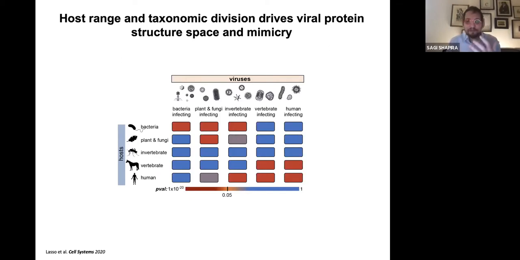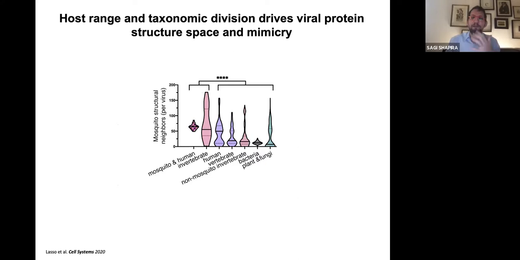But what's really remarkable is that when you look at arboviruses, these are viruses that infect people but are transmitted by insects, they use a structure language that is similar to both mosquito or insect and human. So it suggests that they encode proteins that are structurally promiscuous and that allow them to complete their life cycle in both their insect and human hosts. Really, it's awesome. Really, really awesome.